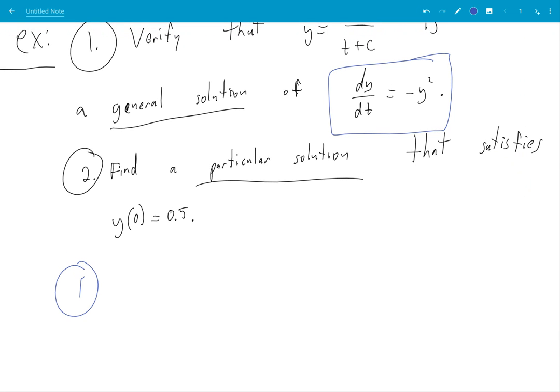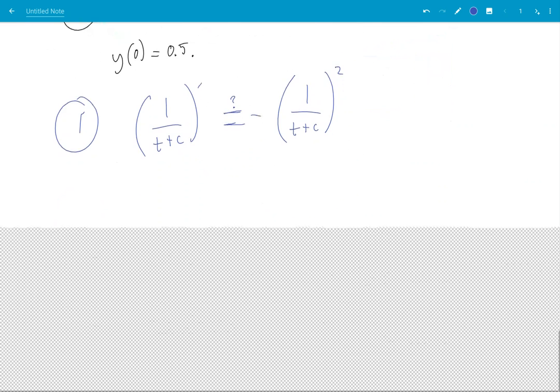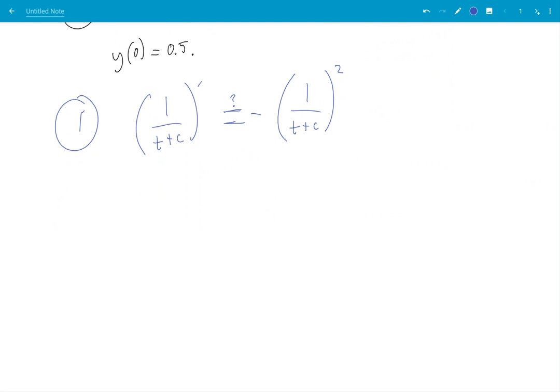Looking at this equation, I get the derivative of 1 over t plus c is equal to negative 1 over t plus c squared, and then I have a question mark here since I'm verifying and not sure yet.